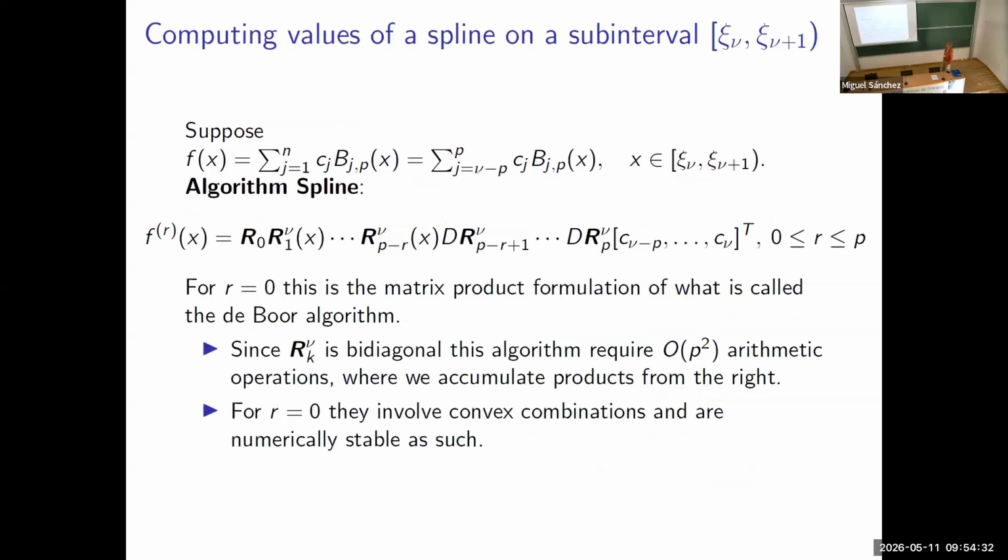Okay, so then you have this algorithm for computing the values of a spline on the subinterval.